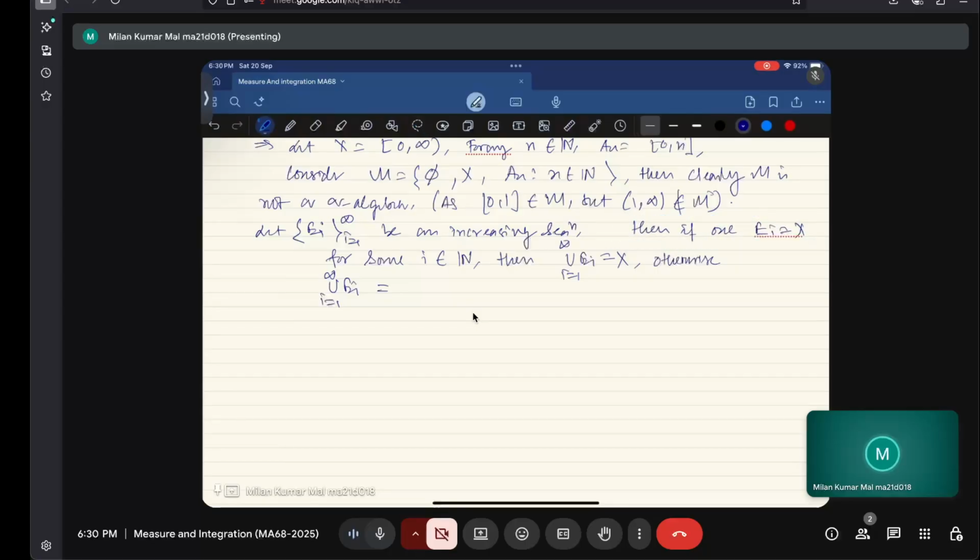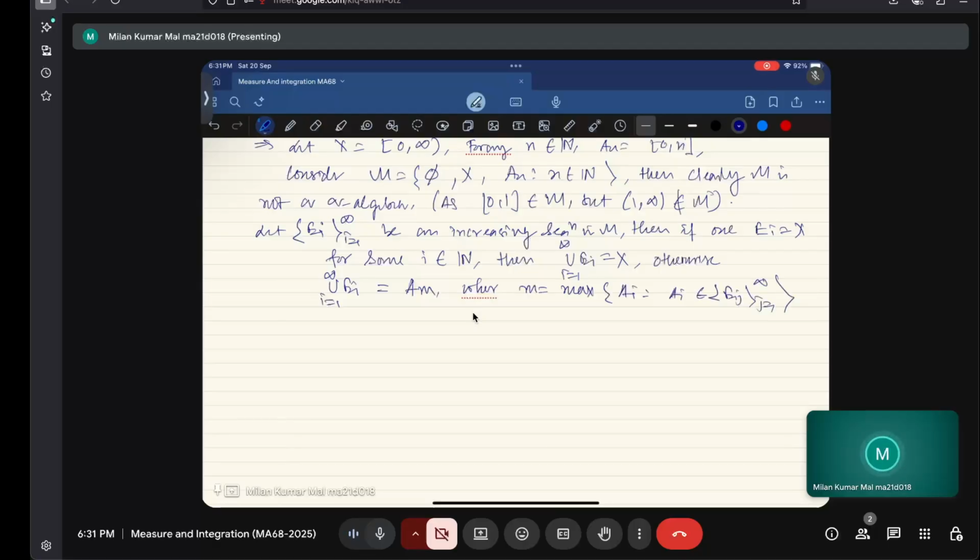This is an increasing sequence in M. Okay, so that means each E_i will be either A_i, empty set, or X. If none of the E_i are X, then their union is either empty, or it is the maximum; I mean, it can be A_m, where A_m is the maximum of the A_i belonging to this sequence.